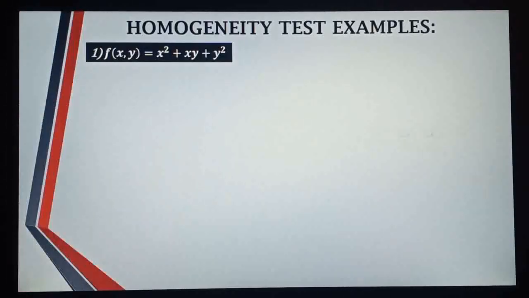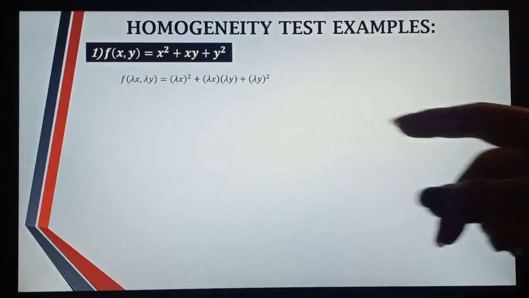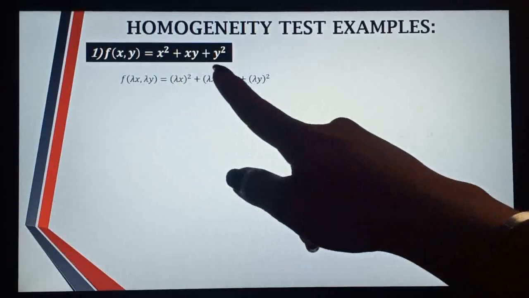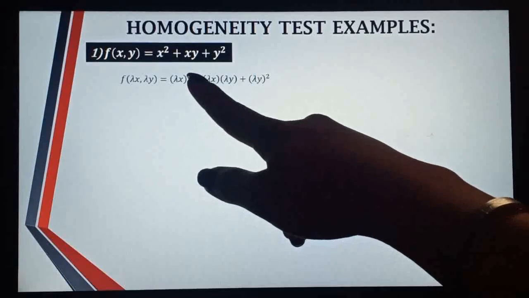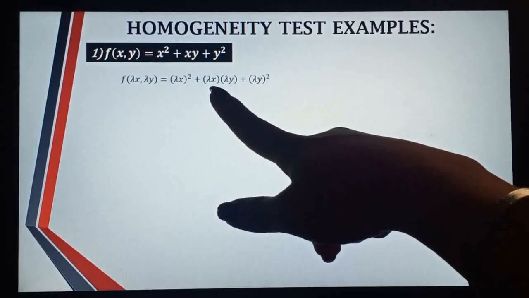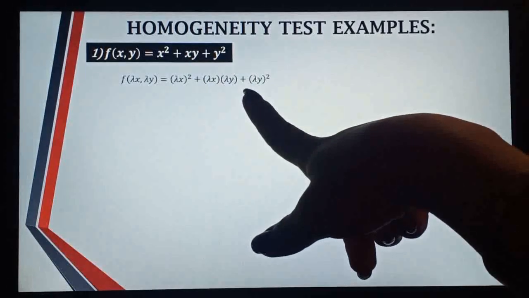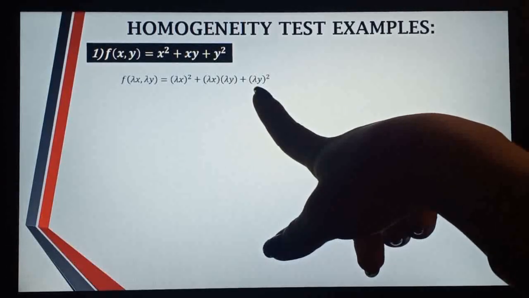So for example, you are given a function of x and y equals x squared plus xy plus y squared. Like I said earlier, instead of using x and y, you will substitute lambda x for x, then lambda y for y. So you will have lambda x raised to 2 plus lambda x multiplied by lambda y plus lambda y squared.